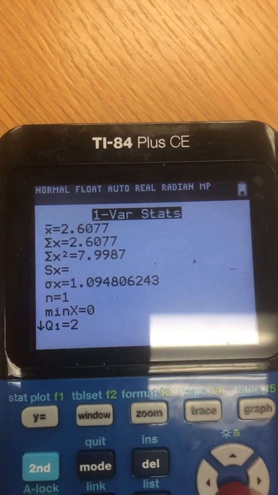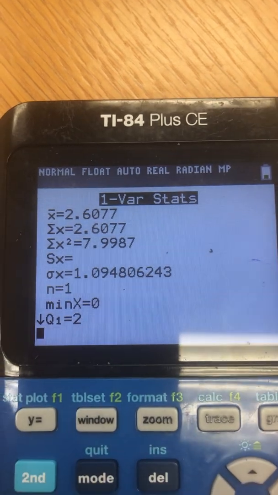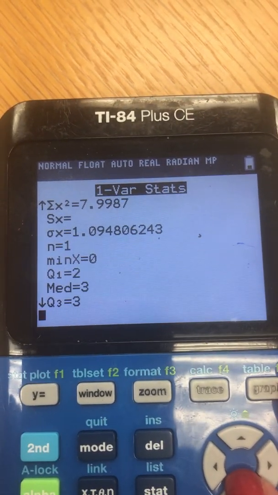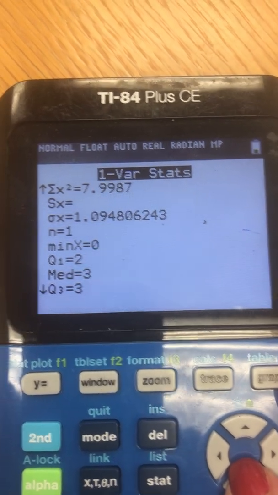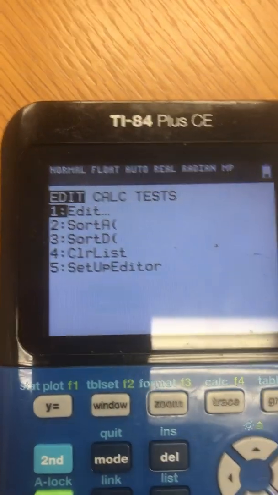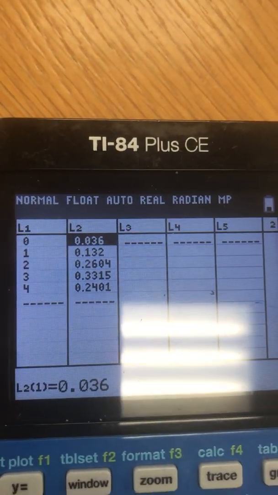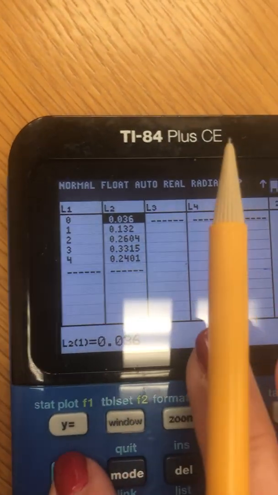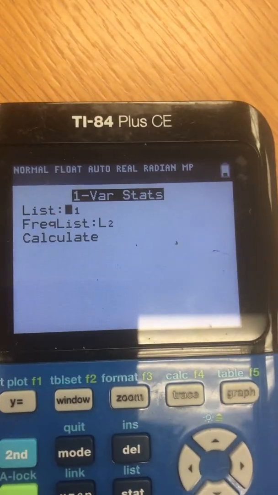All right, I know that I entered in 5 different values, so that's curious. They're reporting 1 being the frequency. And I'm just going to double check. Yeah, list 1, list 2. All right. Stat, calculate, get back to those statistics.